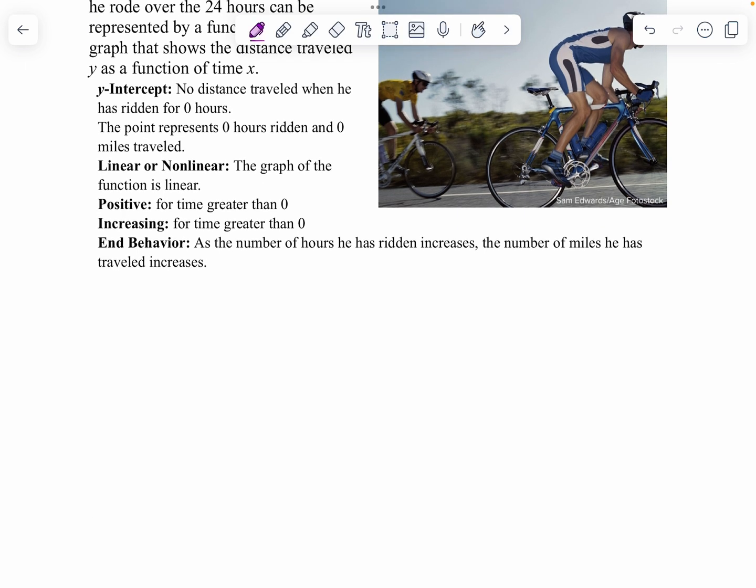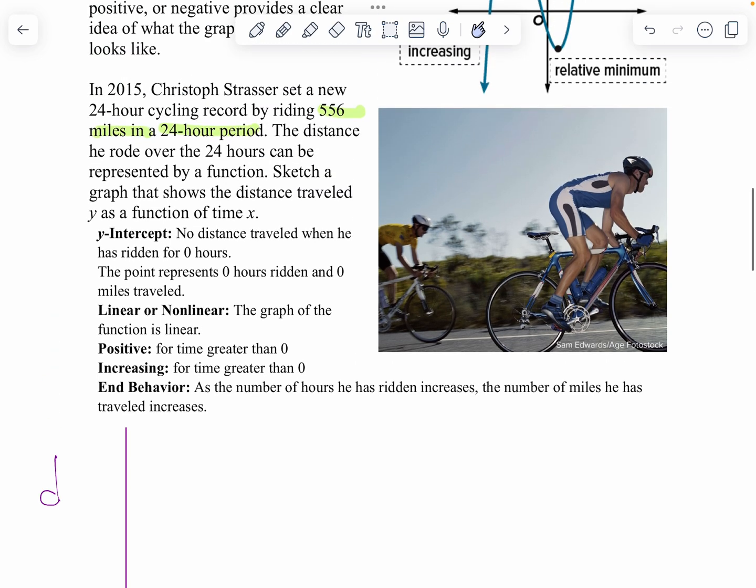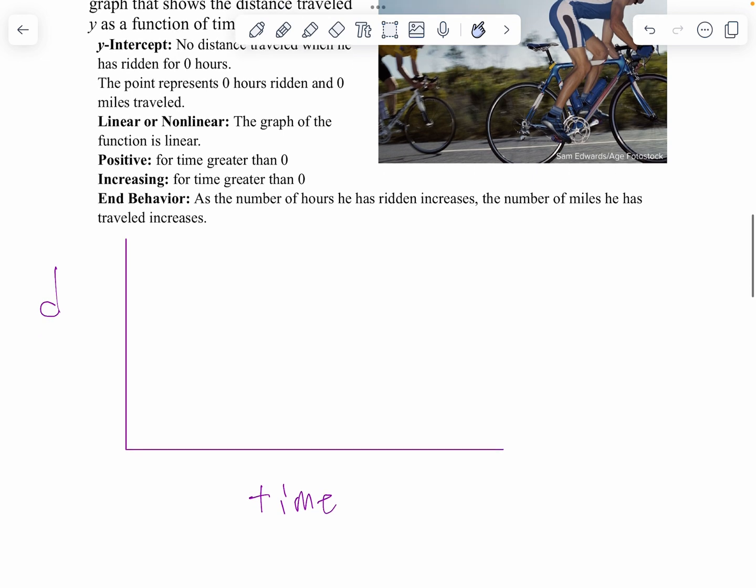So I only have to worry about positives because when he bikes, time can't be negative and distance can't be negative. We were told our time is our x, and our distance, I'll just use d for y. We know when he's done, he's going to have gone 24 hours and 556 miles.